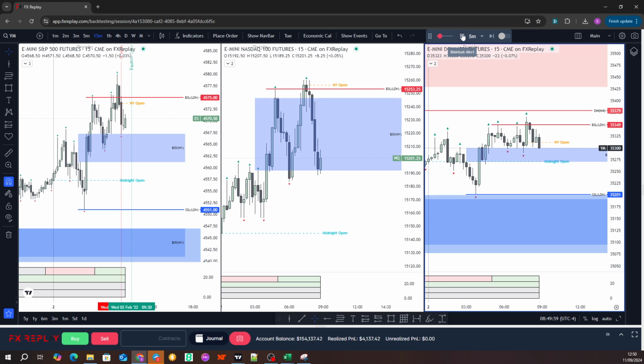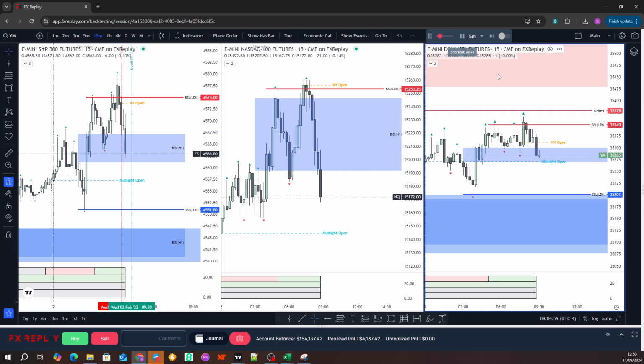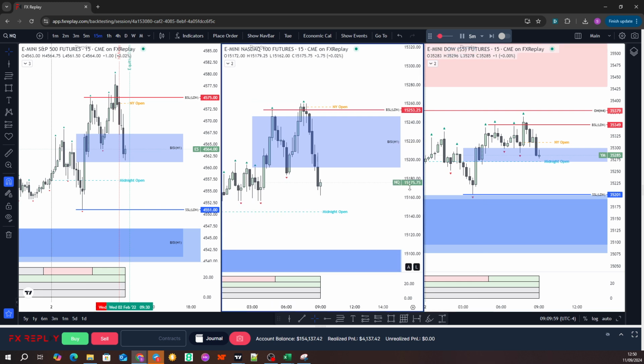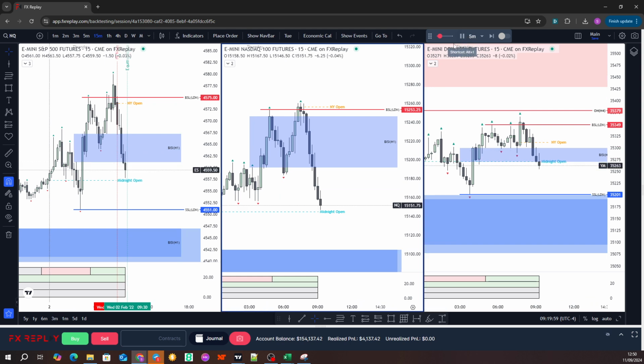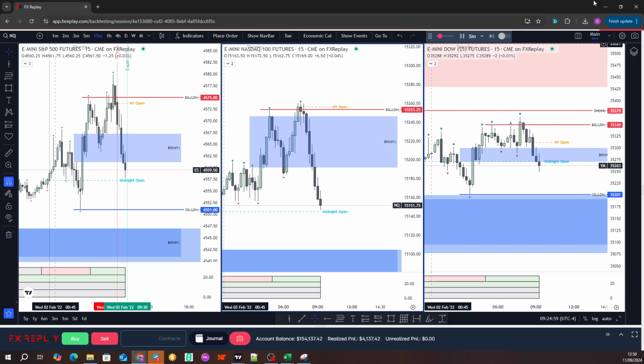Let's see what we get. I mean, we ideally want to be below the true week open if we're going long. So we're just going to stop that.